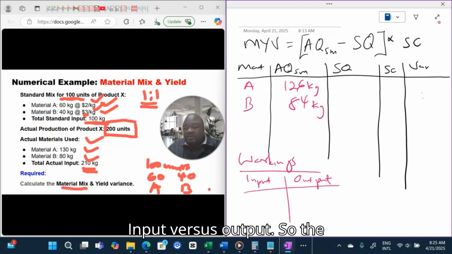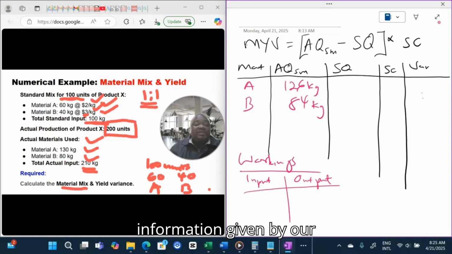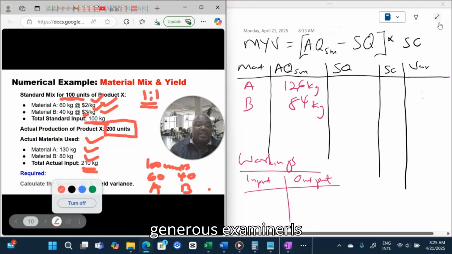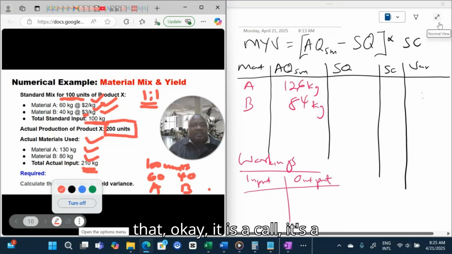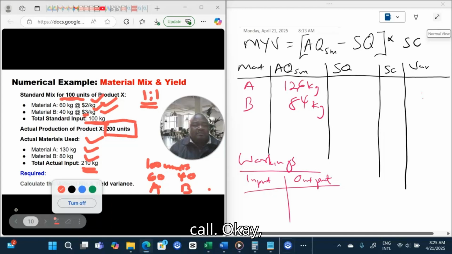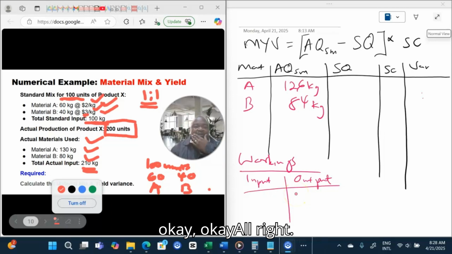Input versus output. So the information given by our generous examiner is that there's a core. Like I said, you need to then know the standard mix.